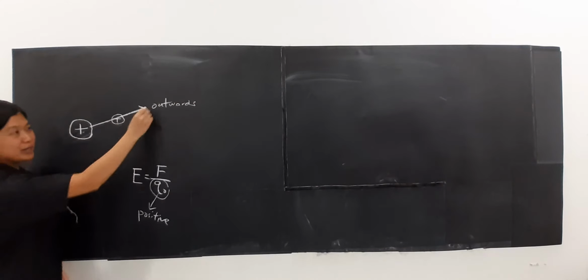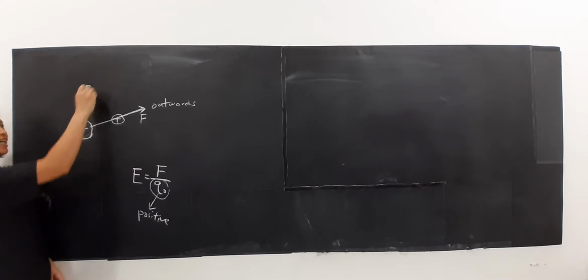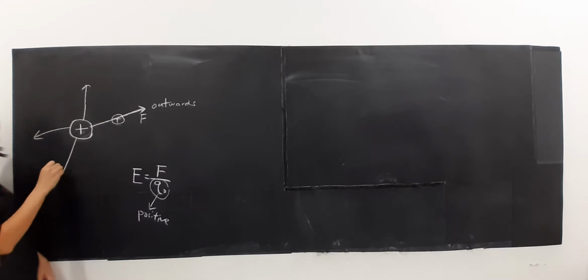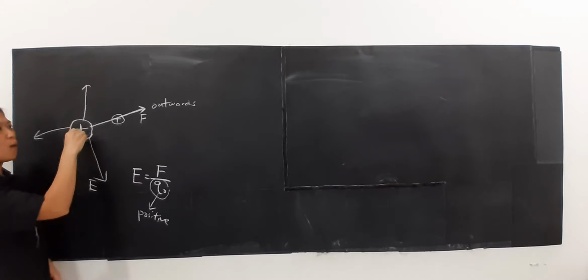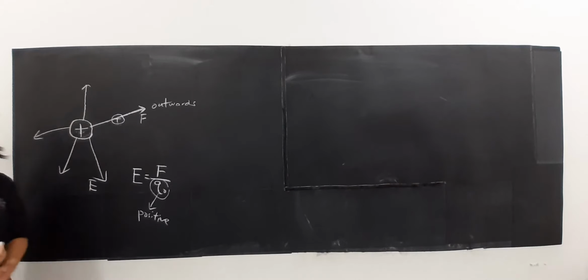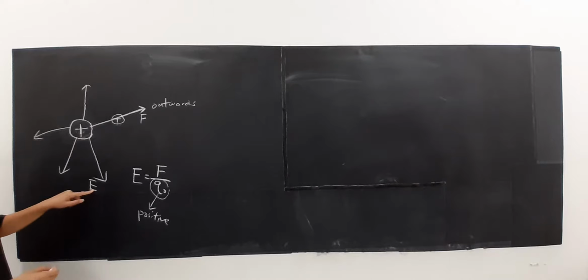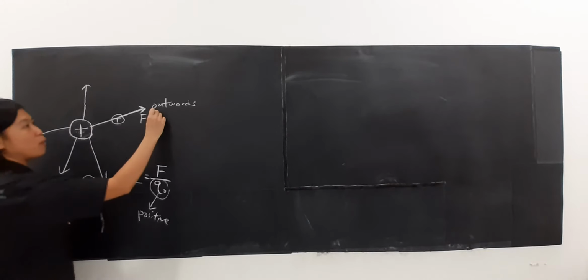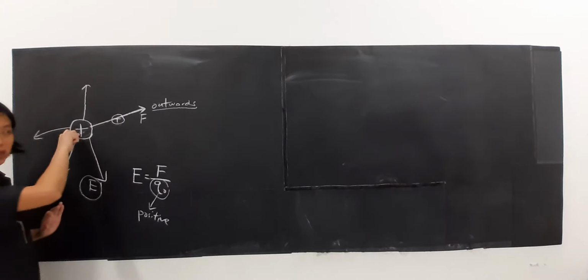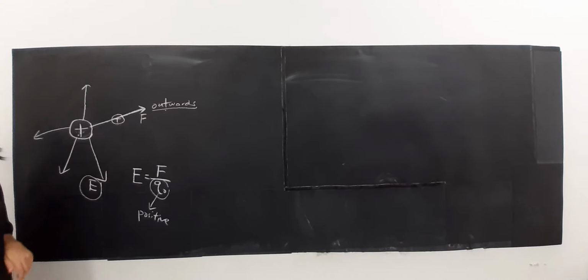This direction also indicates the exact direction of the electric field for a positive point charge. So you should know electric field lines for a positive point charge will be going out.